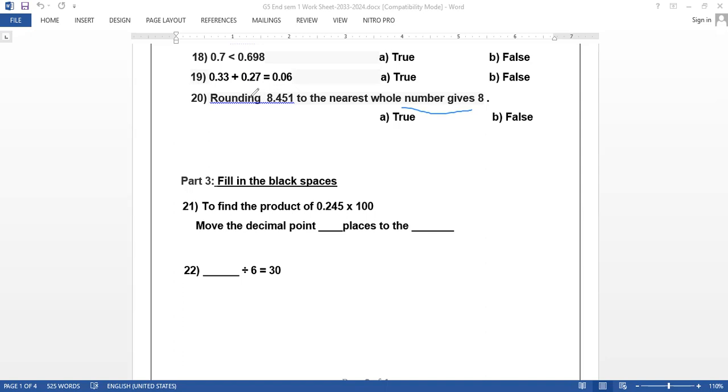Now, the whole number is 8, which is the rounding digit. Now, the number on the right of the round digit is 4. If it is less than 5, we don't add 1 to the round digit. So it will be 8 only. Yes, it's true.